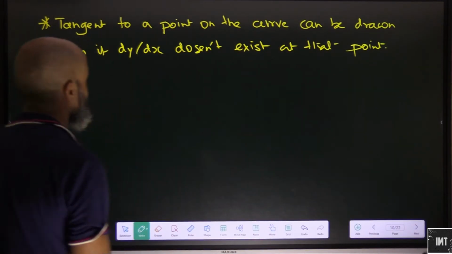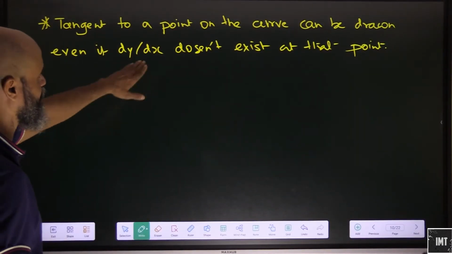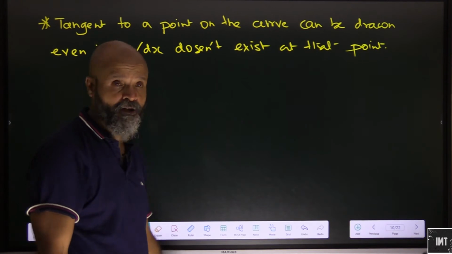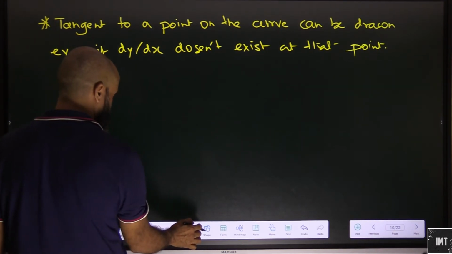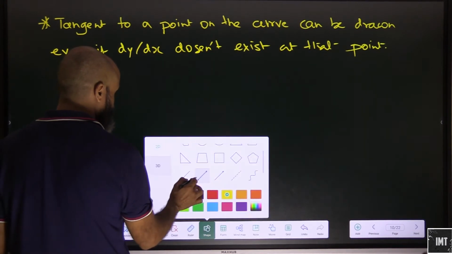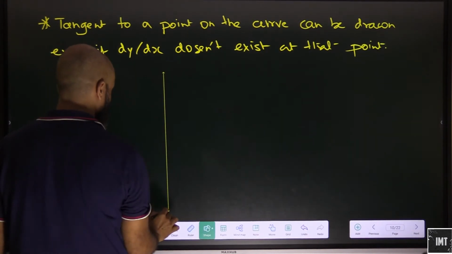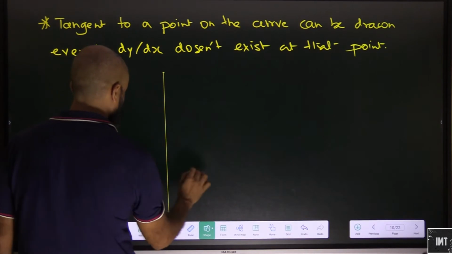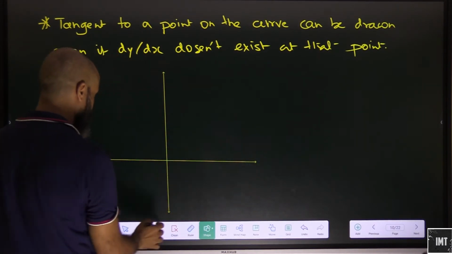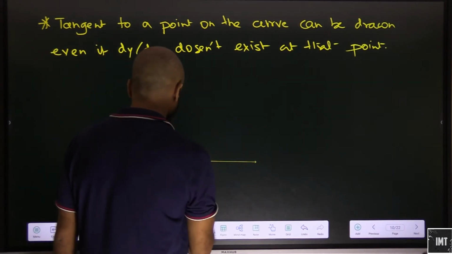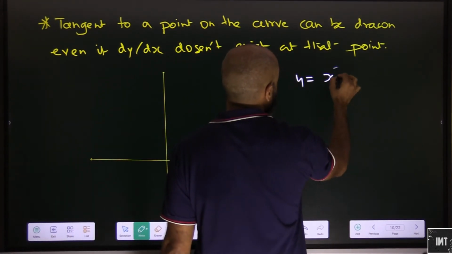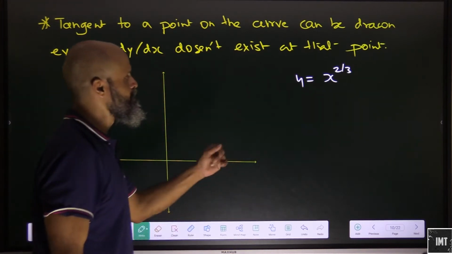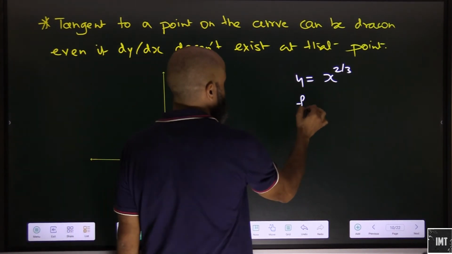In the same way, a tangent to a point on the curve can be drawn even if dy/dx doesn't exist at that point. Let's take an example. Let's say this is a graph, and we take y = x^(2/3), so this is your f(x).